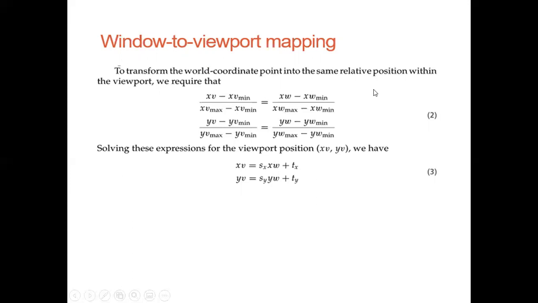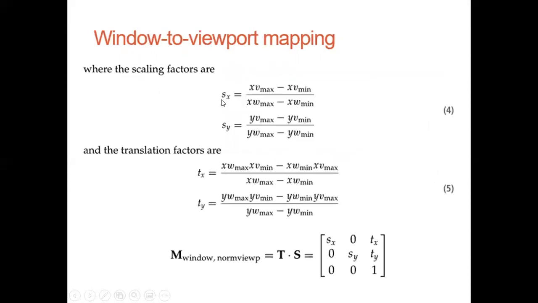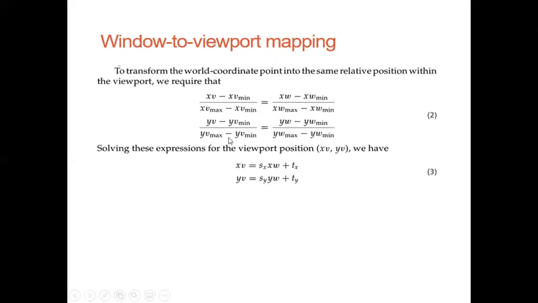If I multiply this denominator into the numerator and then add xv min, I will get the value for xv. When you do that multiplication, you will get two expressions for this transformation. We call the scaling factors sx and sy. When we multiply these, we will get some values.